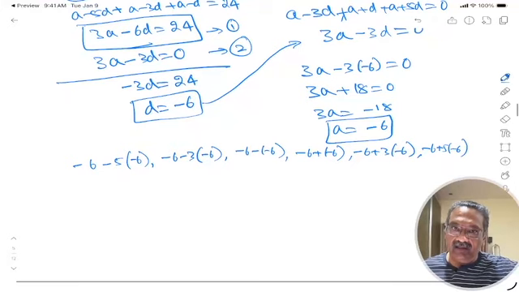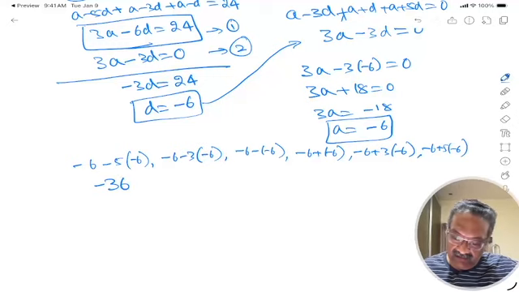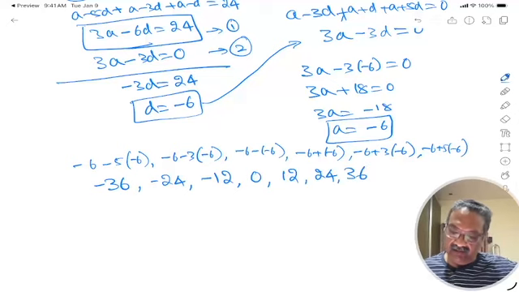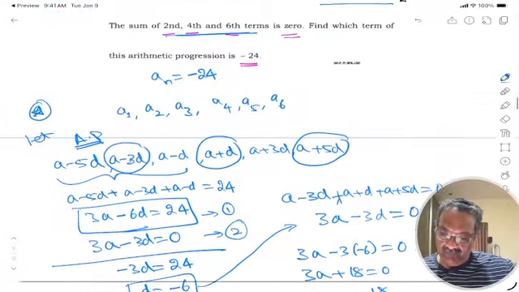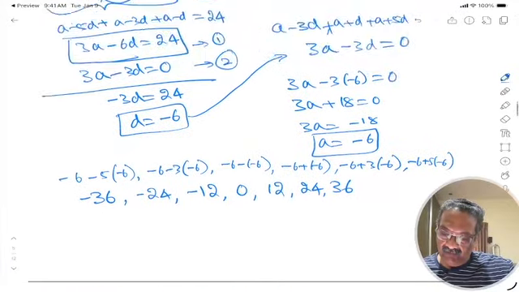This is slightly a tricky question. The result comes out as minus 36, minus 24, minus 12, 0, 12, 24 and 36. No, we have made a mistake.